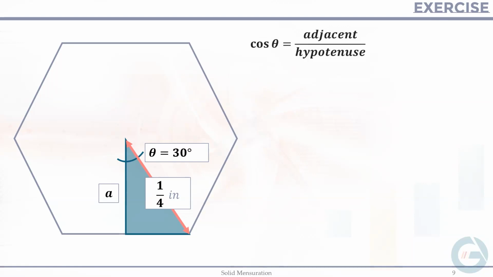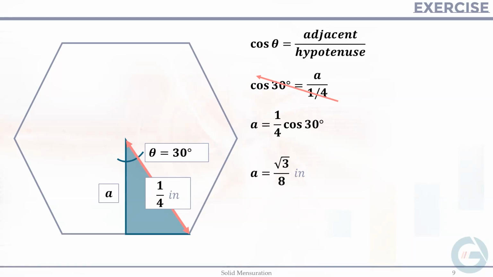Cosine theta is adjacent over hypotenuse, so cosine 30 degrees equals A over 1/4. Cross multiplying gives A equals 1/4 cosine 30 degrees. You can use your calculator. So A is equivalent to square root of 3 over 8 inch. I will leave this in fractional form to minimize the error in the final answer.